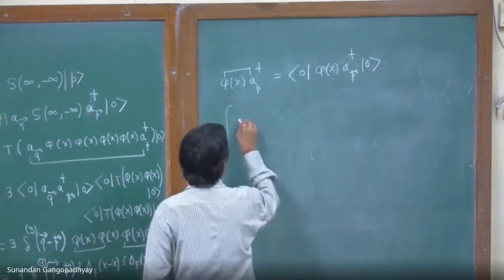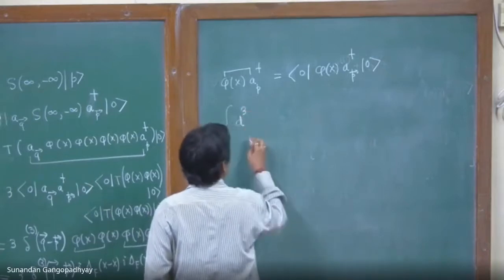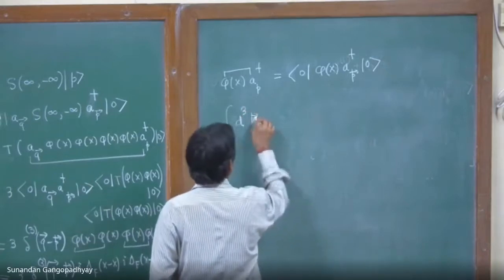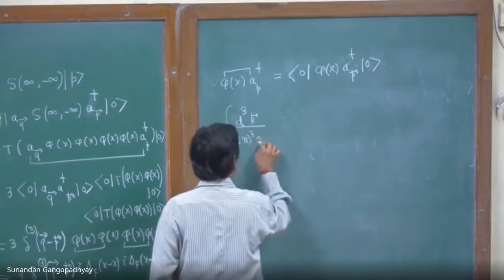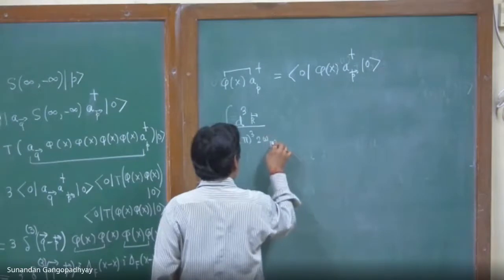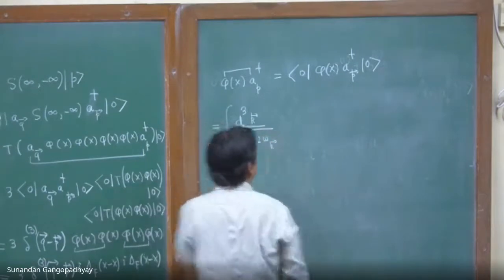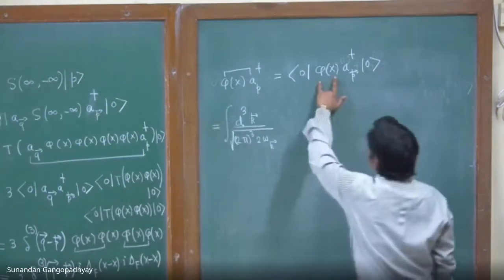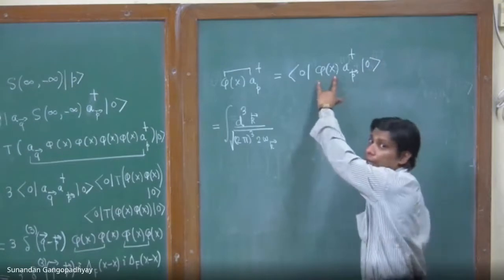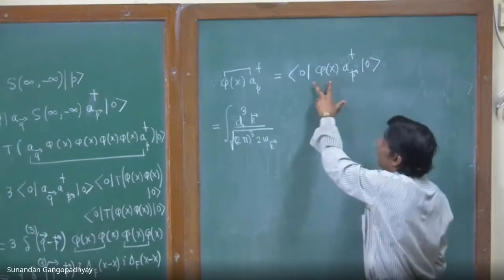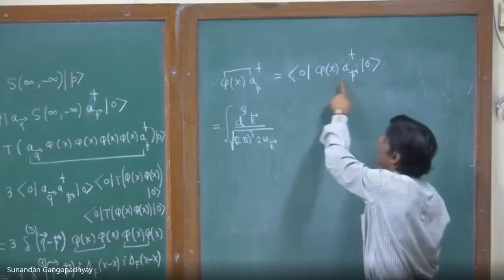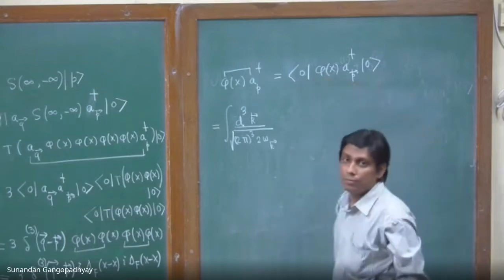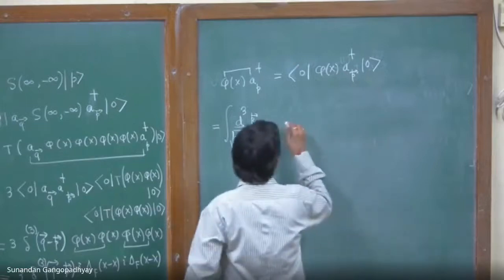It is basically d cubed k by 2 pi whole cube, square root of 2 omega k. See here, you only need to keep the a term, not the a dagger term, because if you keep the a dagger term here, it will be two a daggers, and therefore that term will be 0, right?